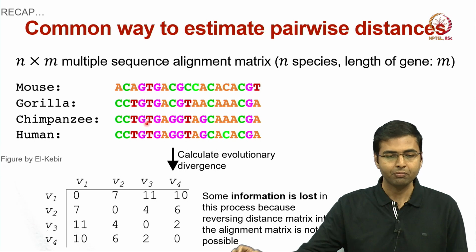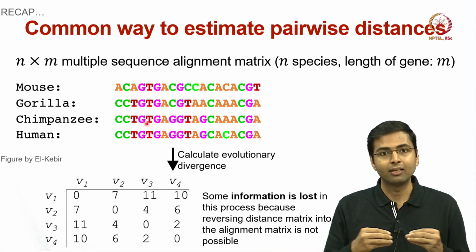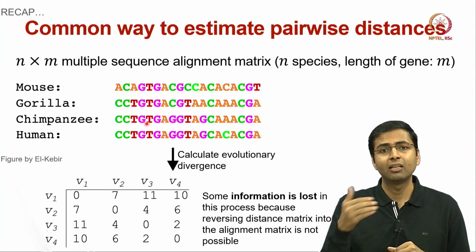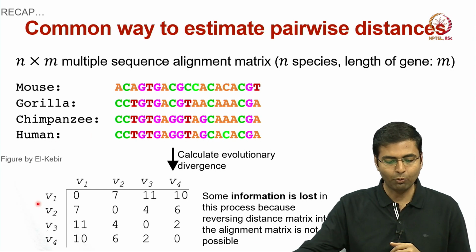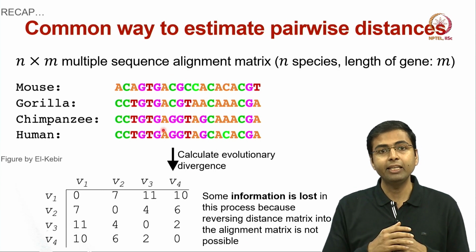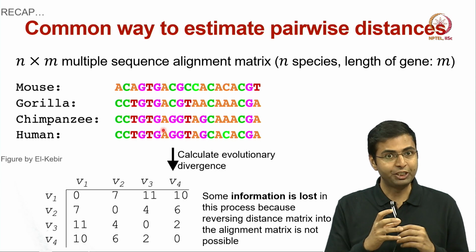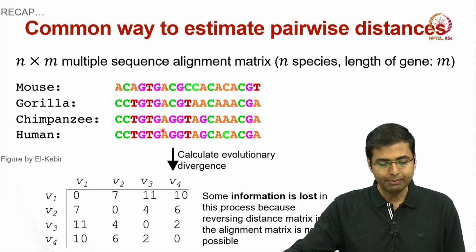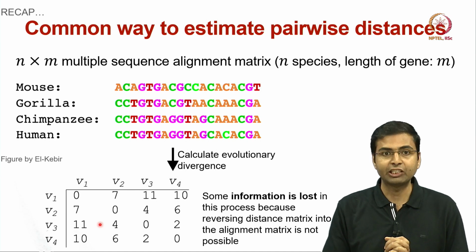So for example, two species that have a low edit distance between their sequences will have a low distance in the corresponding matrix. So using these alignments we were estimating the evolutionary divergence between each pair of species, and this distance matrix was given as input to the distance based tree reconstruction algorithms.